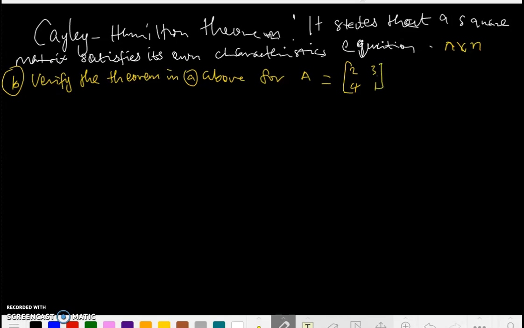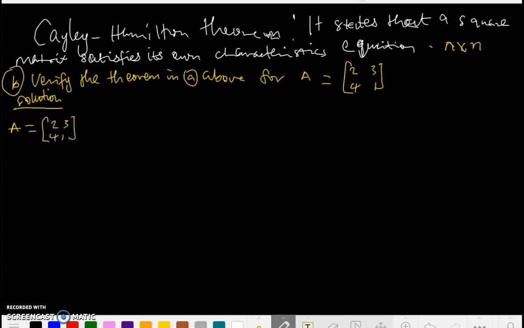We are to verify that this indeed satisfies the Cayley-Hamilton theorem, that a square matrix satisfies its own characteristic equation. So to do this, let us have a solution. We are looking at matrix A with 2, 3, 4, 1.